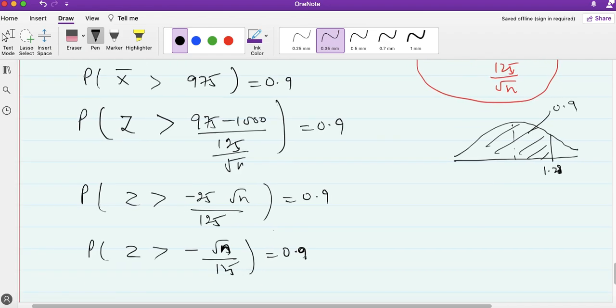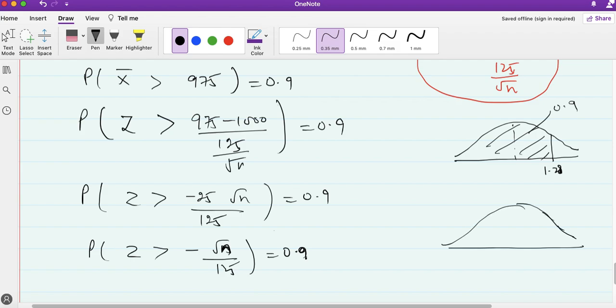Now since in our case it is a negative value, if I see the symmetric nature of the normal distribution, if the value 1.28, on the positive side, leaves on the left side an area 0.9, the same scenario can be on the other side: if the point is minus 1.28 it can leave the same area 0.9 on the right hand side because of the symmetric nature.